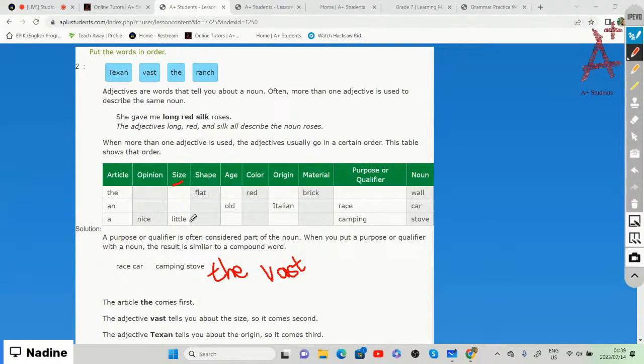Then we have Texan, which is the origin, like for example Italian, Texan, and so on. So that comes third. And then we have ranch, which comes last. So: the vast Texan ranch. We are now describing this ranch: the vast Texan ranch.